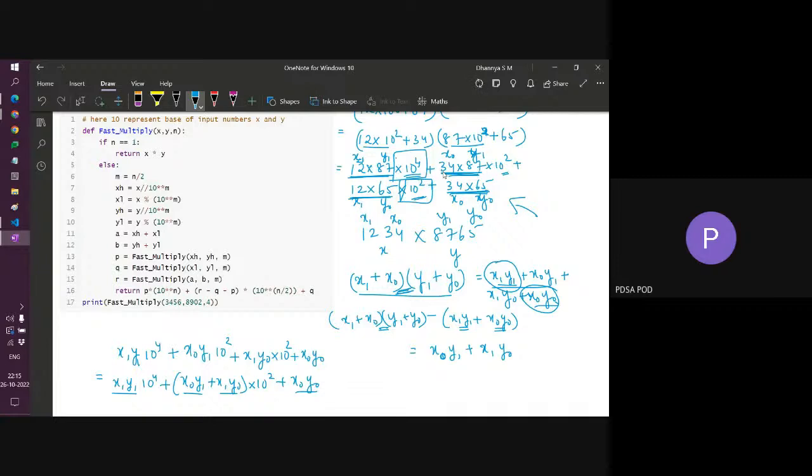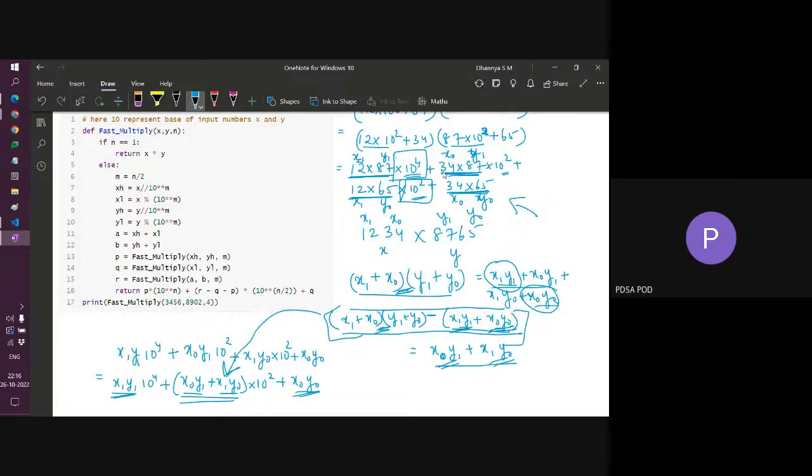Now you can put this whole value in place of this one here. You have already computed this value for this one, so 1 multiplication. You have computed this value for this, so 2 multiplication. Now instead of doing this multiplication and this multiplication, you will do 1 additional multiplication of this minus the sum of the multiplications which you have already done, and this whole factor you will replace here.